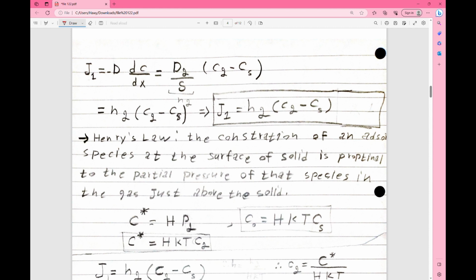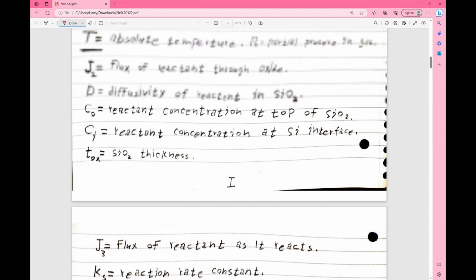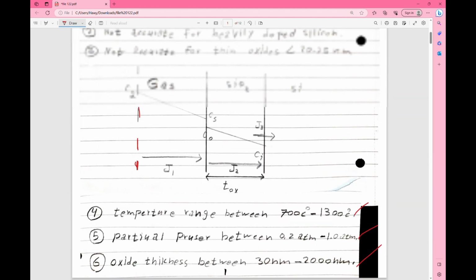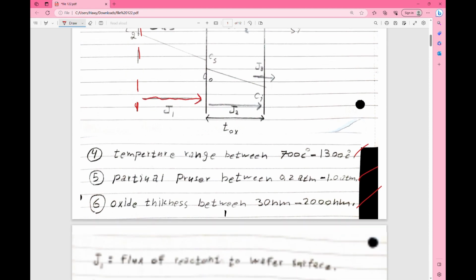Studying the flux of the gases, we start first from Fick's first law. We start from G1, the flux from the imaginary surface, which we call Cj, to Cs, the outside of the silicon dioxide.